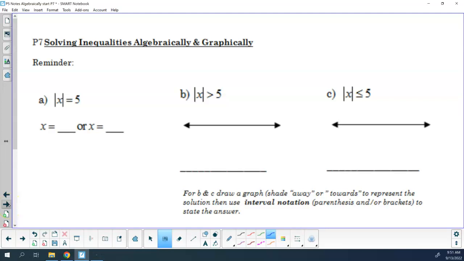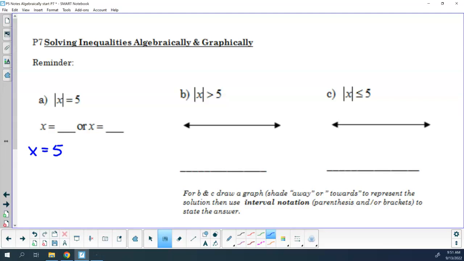Okay? So if the absolute value of x is 5, then x is going to be, so when we're solving an absolute value equation, you take the insides of the absolute value and you set it equal to the other side for your first equation.